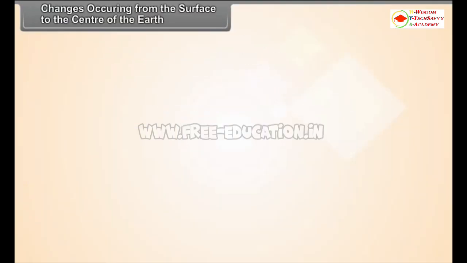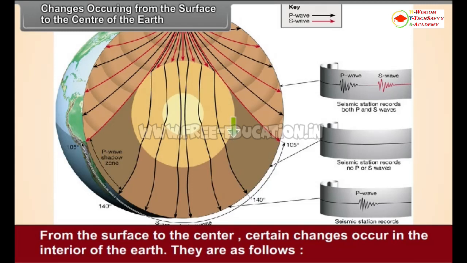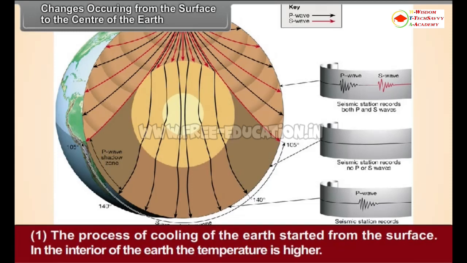Changes occurring from the surface to the center of the Earth. The center of the Earth is located at a distance of 6,371 kilometers from its surface. From the surface to the center, certain changes occur in the interior of the Earth. They are as follows. Number 1. The process of cooling of the Earth started from the surface.